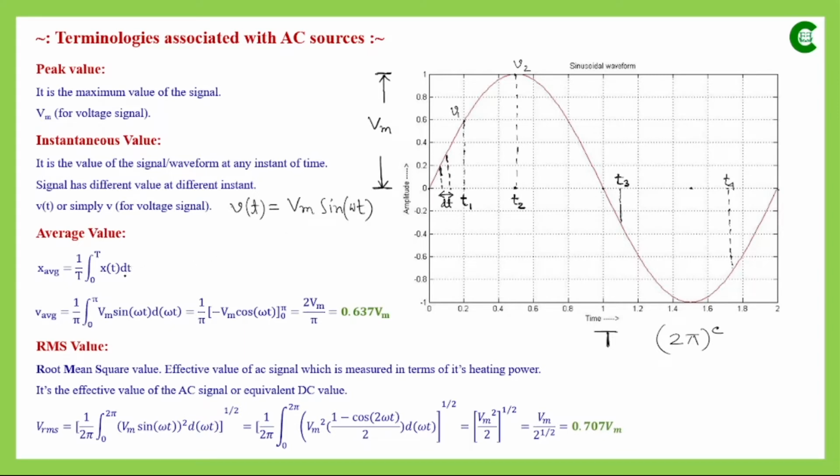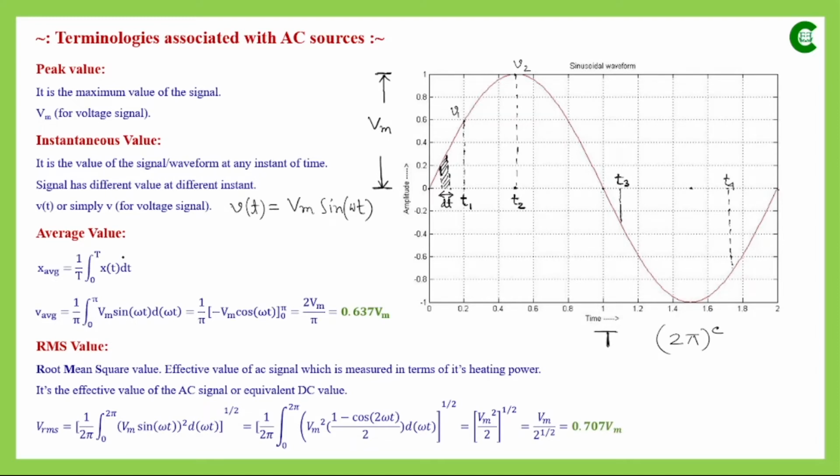When we multiply these two, we get the area covered by this smaller portion under that curve, and then when we integrate over a larger time, we get the total area covered by that particular curve over that time period. Then we divide the total area covered by that portion of the curve by the total time.